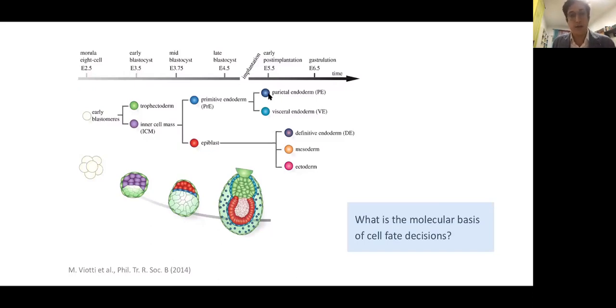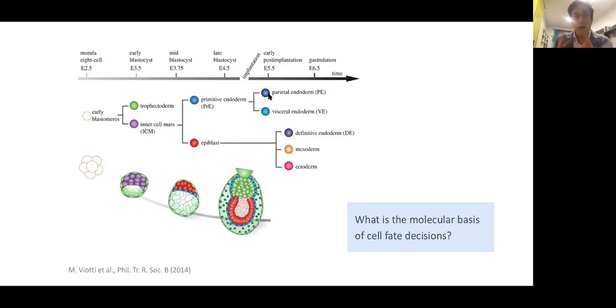For now we disregard the first part, but if you look down from the epiblast, these are called pluripotent stem cells, in the sense that these cells can become every cell in our organism. They are very primordial cells, starting to form around 3.75, 4 days after fertilization, and they are extremely powerful because they can become everything that you want.